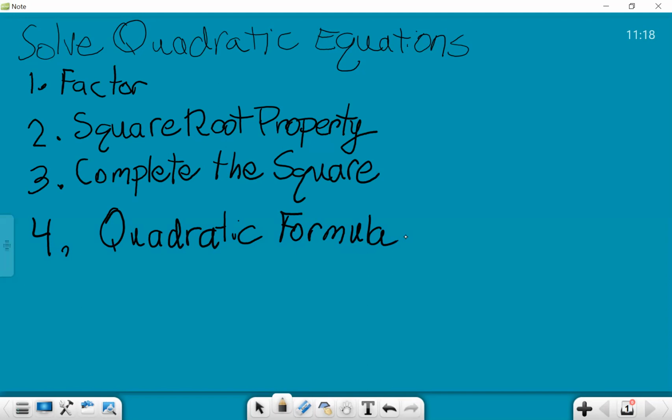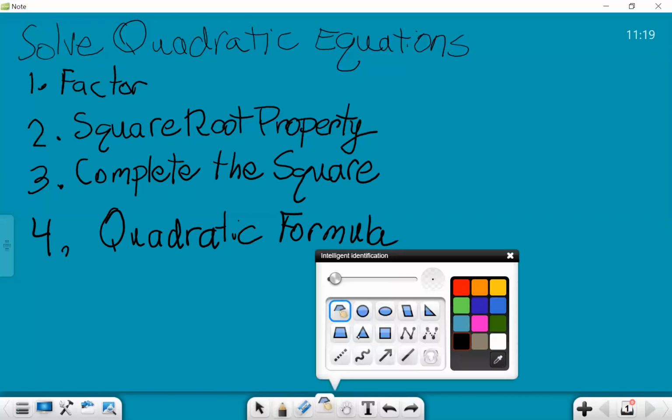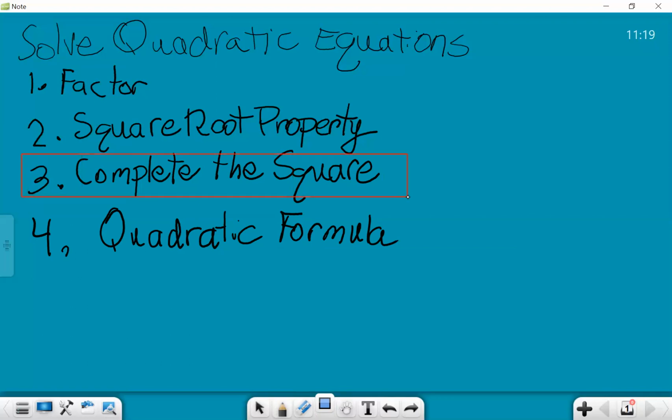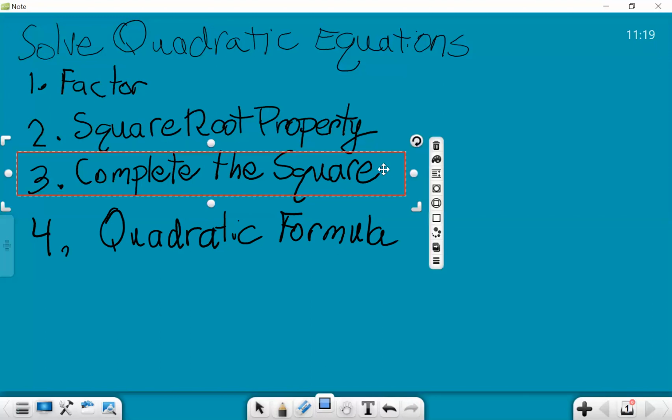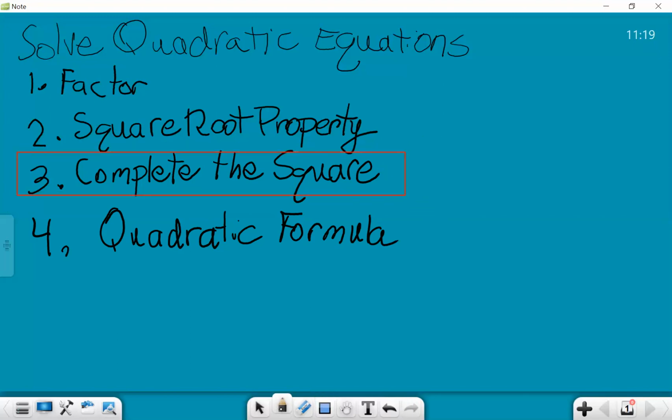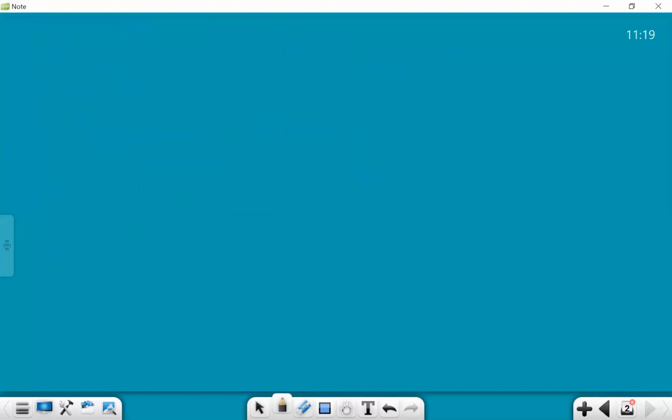In the previous video, we talked a little bit about using the square root property. Today, we're going to focus on how to complete the square. So that will be the subject of this video. All right, so let's say, for example, I want to solve a quadratic equation that looks like x squared plus 6x minus 7 equals 0.